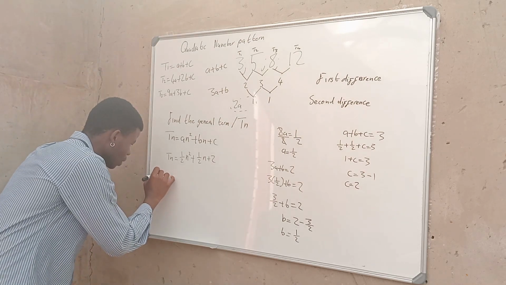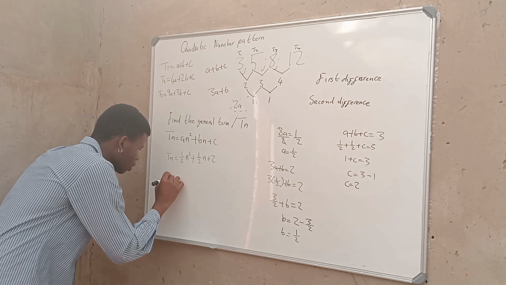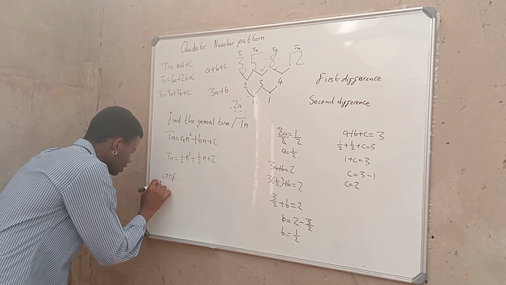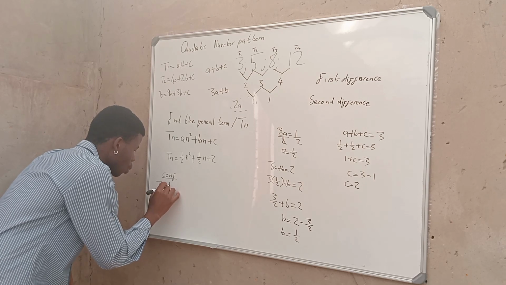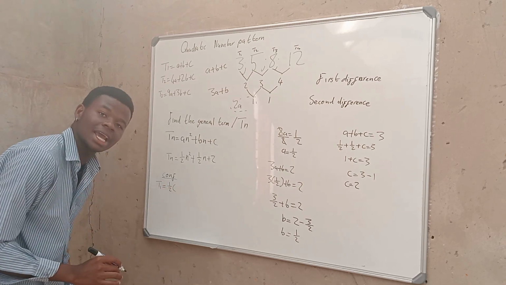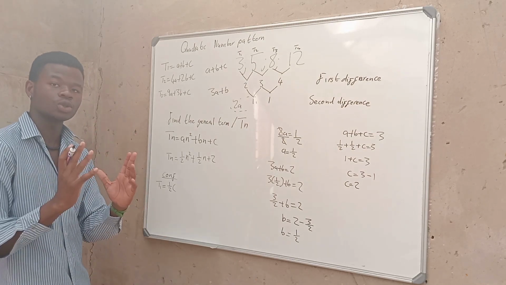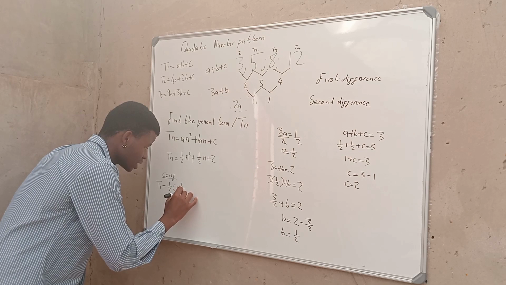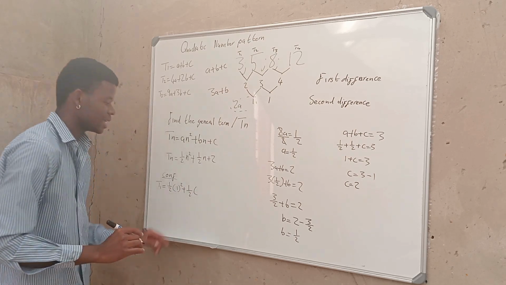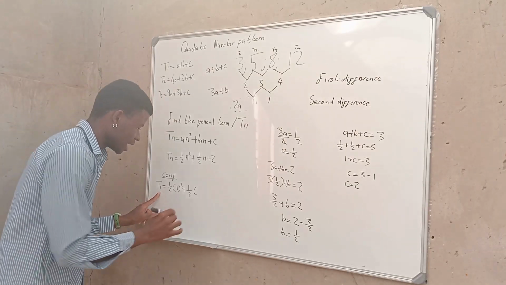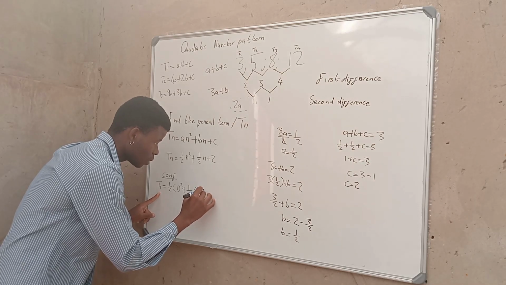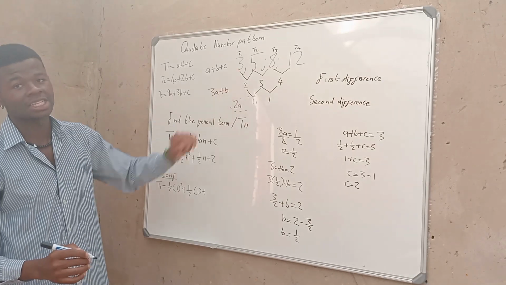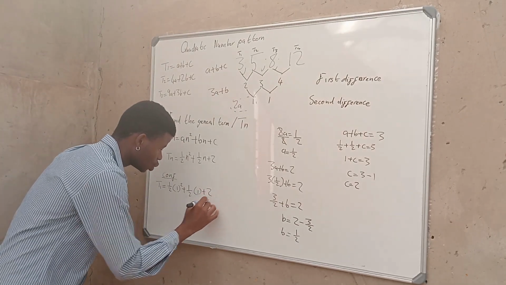Okay, so this is confirmation. I'm going to write T1 is equal to 1 over 2, where I see n, I'm going to substitute 1 squared, plus 1 over 2, where I see n I substitute 1. Why? Because I want to confirm that this equation is going to give me that term there, 2.